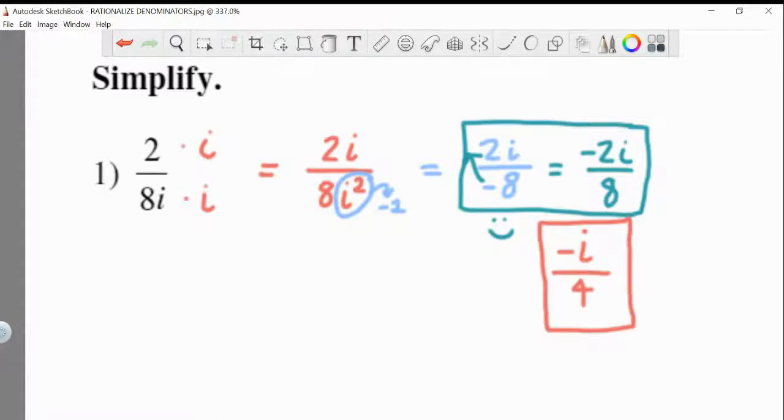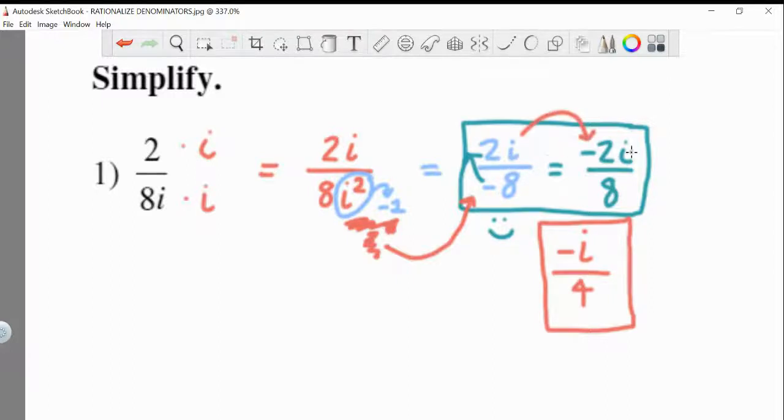So as far as I'm concerned, this is the skill that we're practicing today, right? This is the new stuff that I want you to be able to do. The i squared and swapping it out for -1. This is the stuff we like. But if this is a test question on the SOL test, and you finish it and you get here, and you don't see this, you might have to look for this.